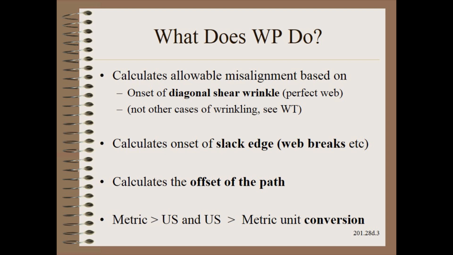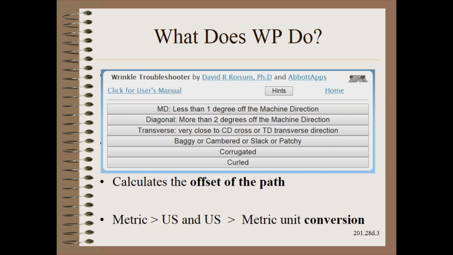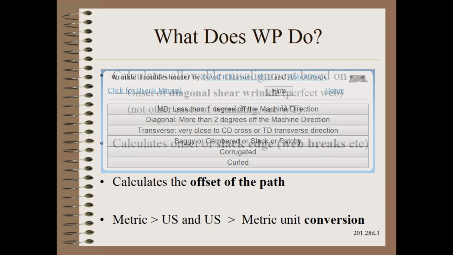The Wrinkle Predictor does 4 things. First, as its name implies, it calculates the threshold for the diagonal shear wrinkle caused by roller misalignment specifically. If you have other wrinkling types, you want the Wrinkle Troubleshooter app instead.